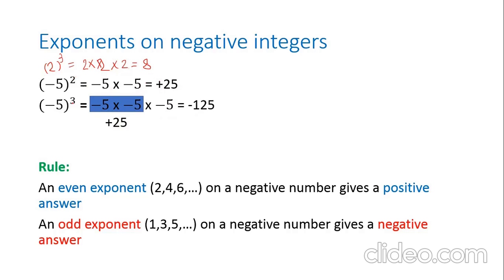And when the power, which is 3 here, is an odd number, we get a negative answer. So as a general rule, an even exponent like 2 or 4 or 6 on a negative number gives a positive answer. And an odd exponent like 1 or 3 or 5 on a negative number gives a negative answer.